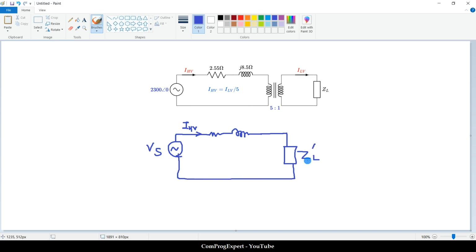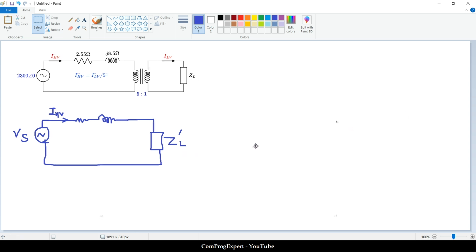So what is the value of the ZL prime? You know that ZL prime is equal to A^2 times ZL. So we can solve this circuit. This is Z equivalent.